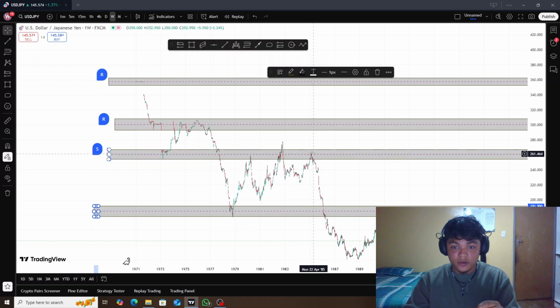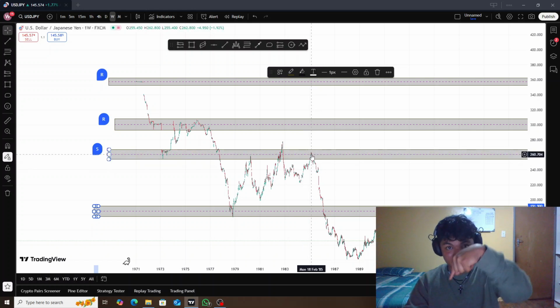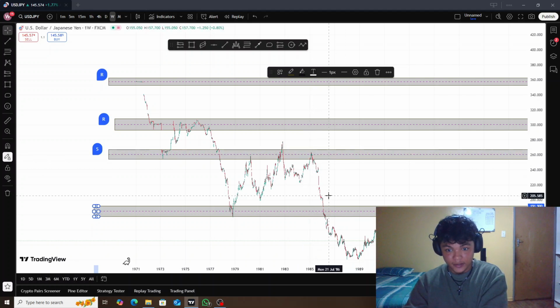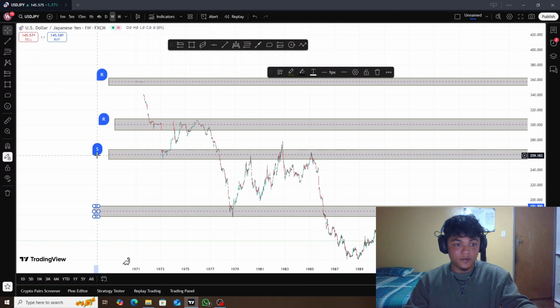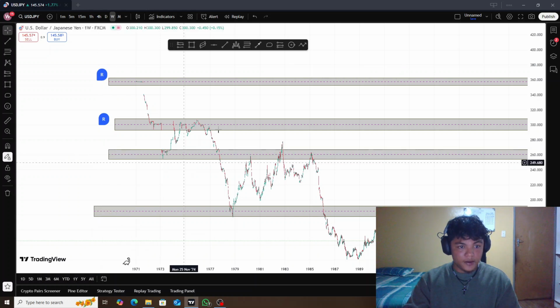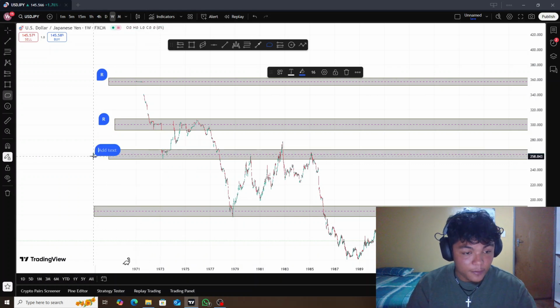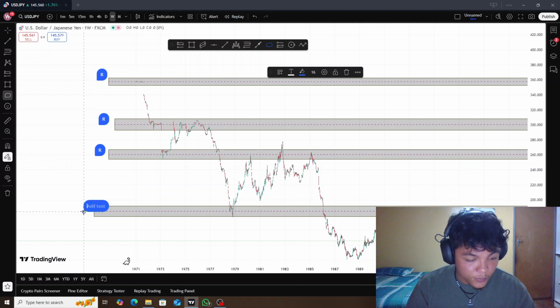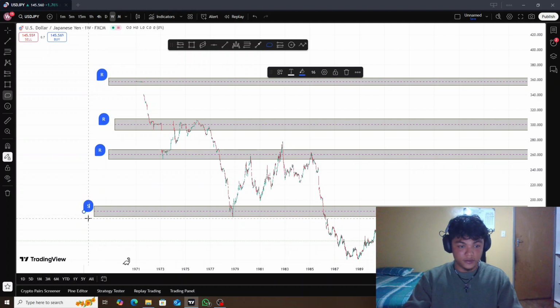And as soon as the price gets pushed down again, this will change from support to resistance. Because we are in a downtrend, support will always become resistance, and resistance will always become support.